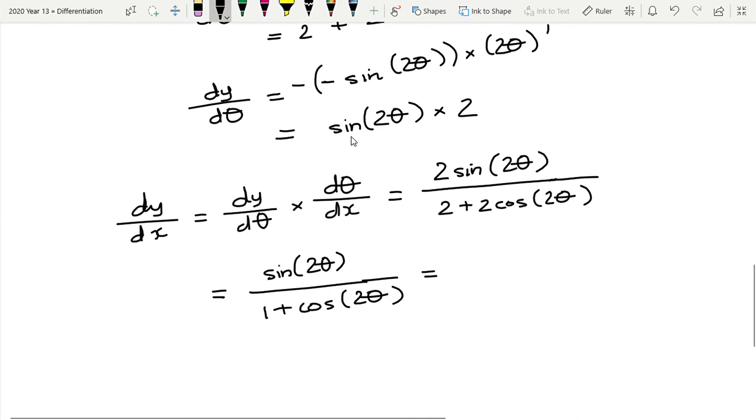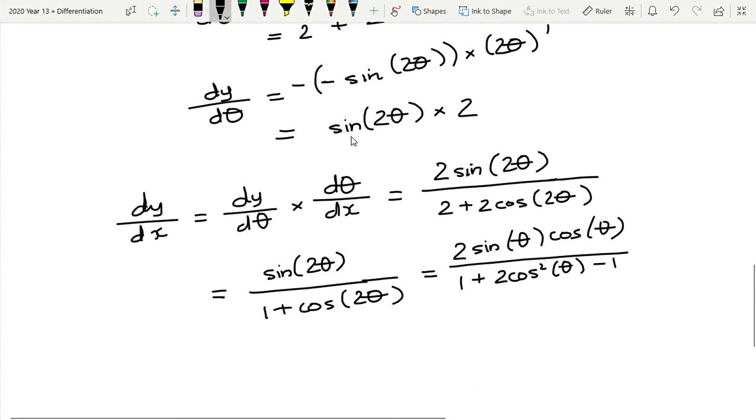Now if I read the formula sheet, sine 2 theta is going to be 2 sine theta cos theta, and then I will use again the double angle formula for cos 2 theta, so 1 plus cos 2 theta is going to be 2 cos squared theta.